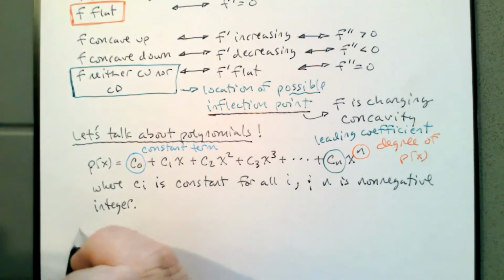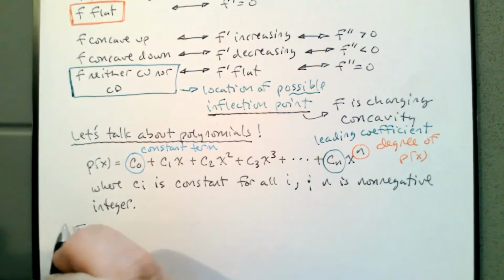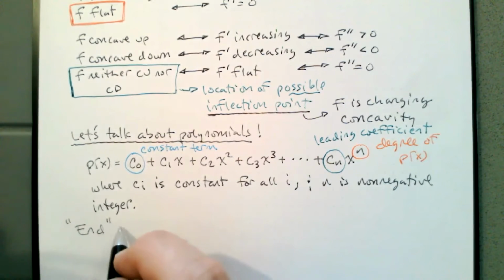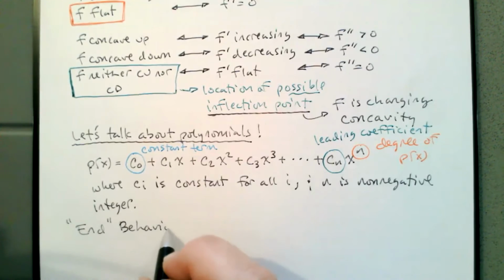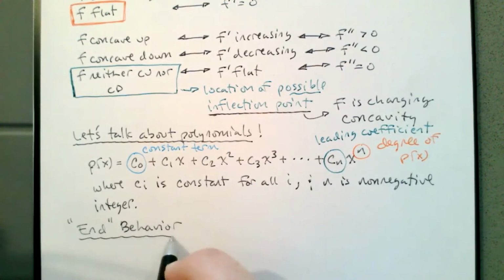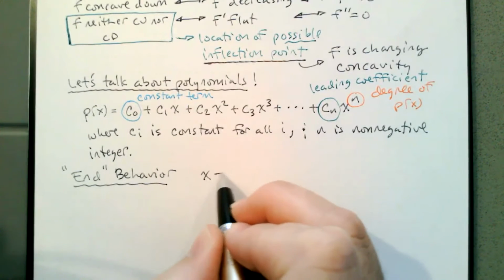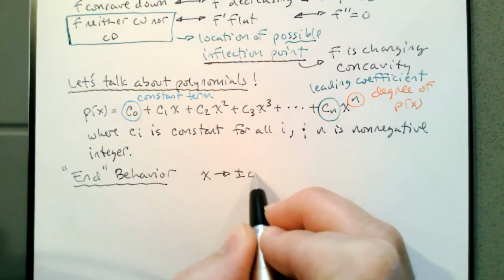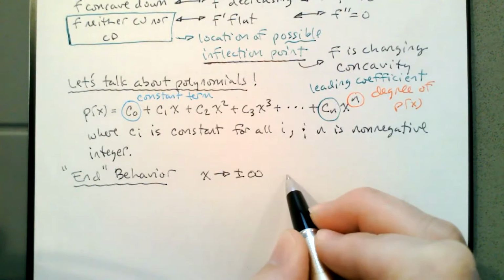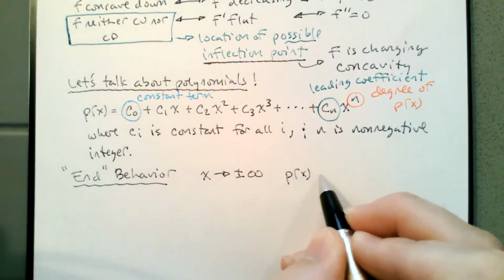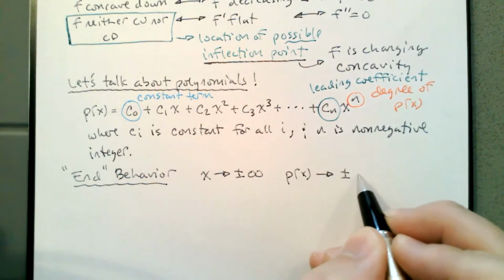So let's talk about "end" behavior, and I'll put end in quotes. As x goes to positive or negative infinity, p of x will go to positive or negative infinity.